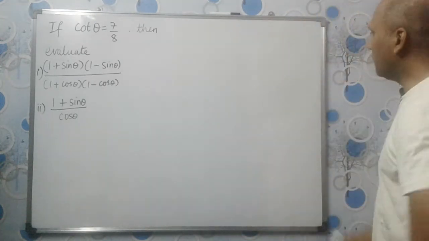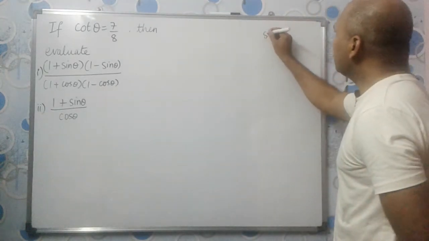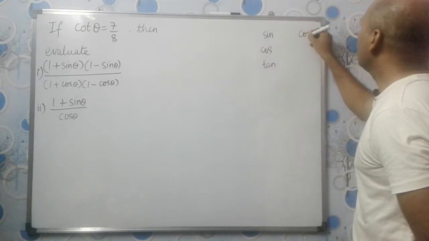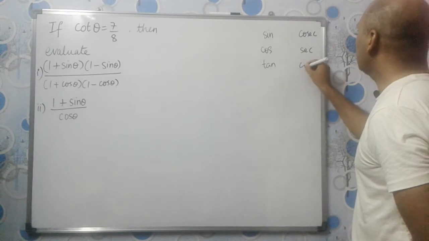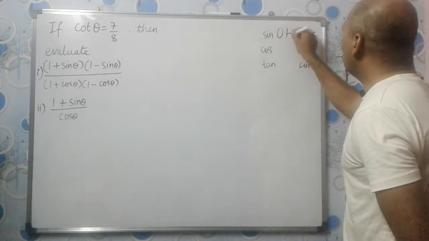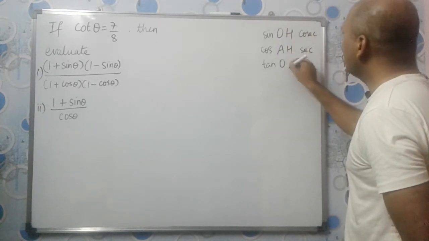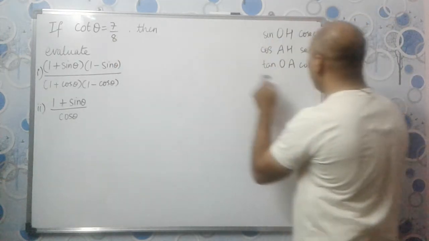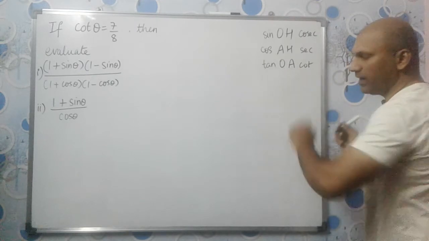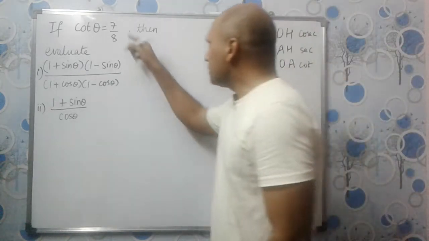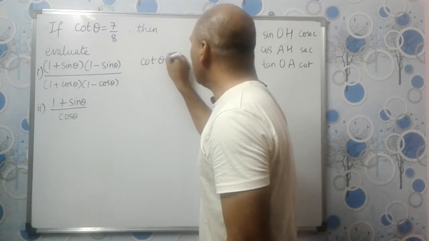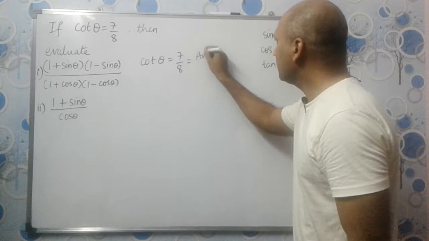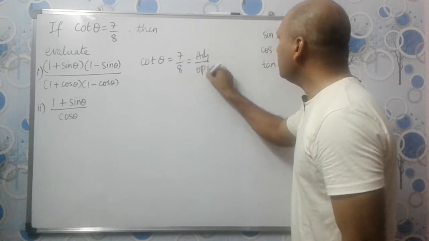We learned the formulas: sine, cos, tan, cosecant, secant, cot. Cot is 7 by 8. So cot is A by O, adjacent divided by opposite. Cot theta is 7 by 8 given, which is adjacent divided by opposite.